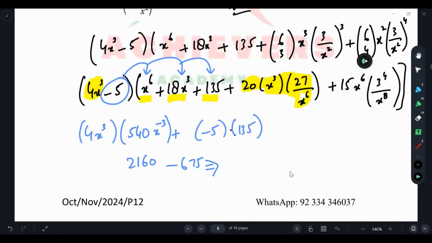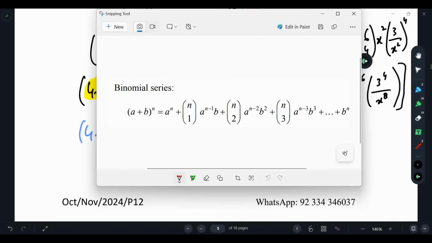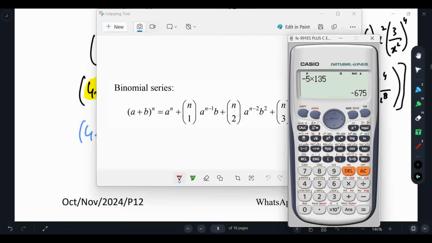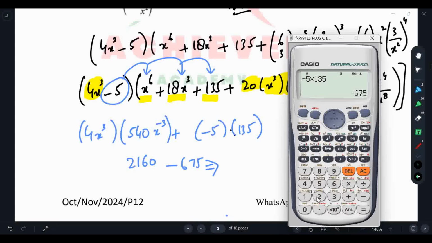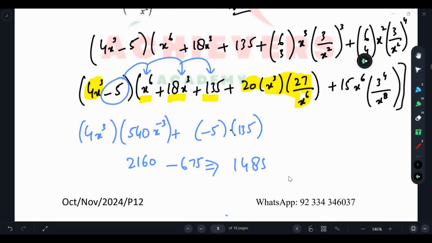So finally we will get 2160 minus 675. So we will get 1485. This will be the final answer. I hope that the concept is clear. Let's move to the next question.